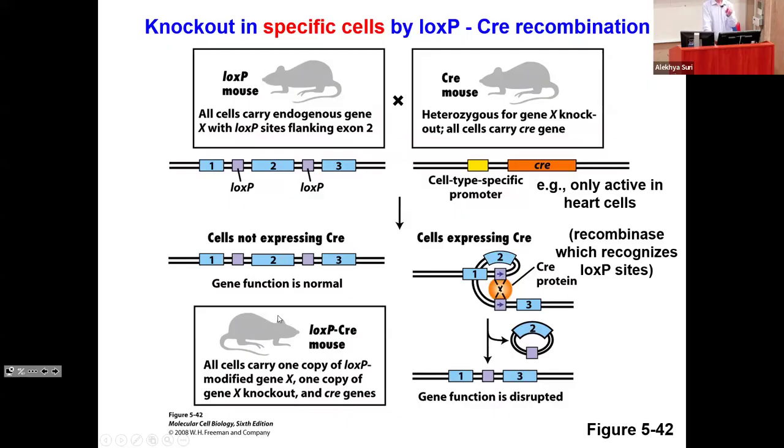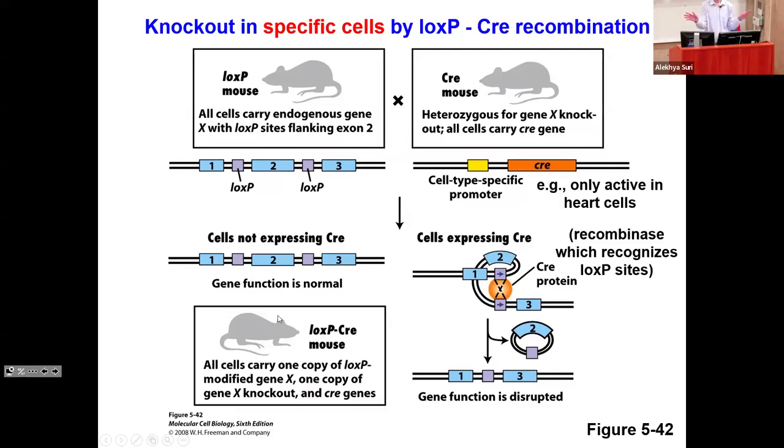The only thing is, the gene for Cre recombinase is present in all tissues, but it's under the control of a tissue or cell type specific promoter. So that means it's expressed, for example, in liver, heart, lung, or whatever, depending on the promoter.